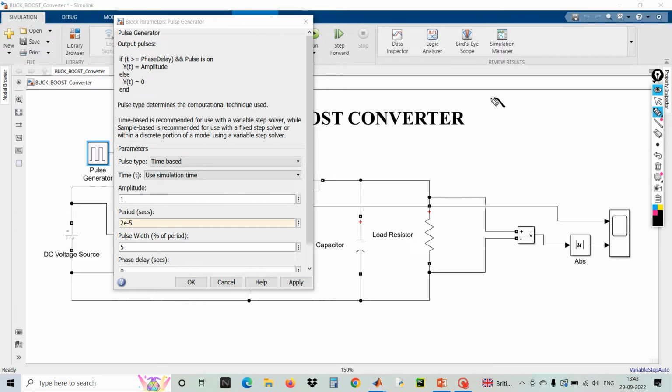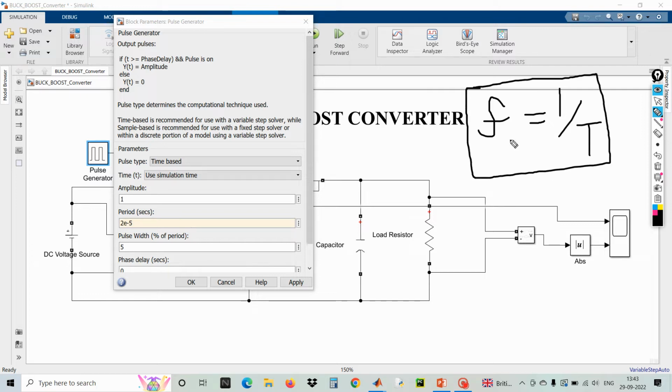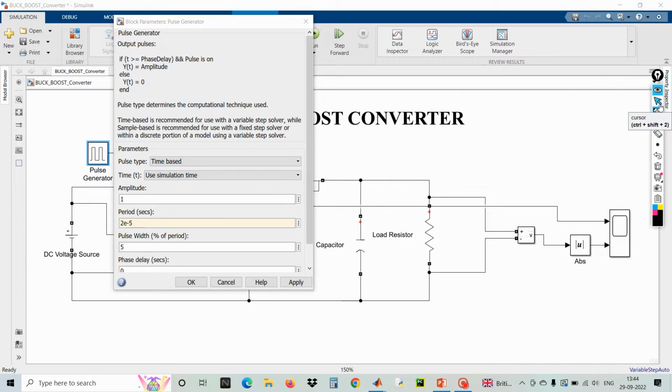We know that f is equal to 1 by T, a famous formula which relates frequency and time period. So this time period is 2 e power minus 5. Now what is the frequency? That is 1 divided by 2 e power minus 5, which comes around 50,000 hertz. So my switching frequency is 50 kilohertz.